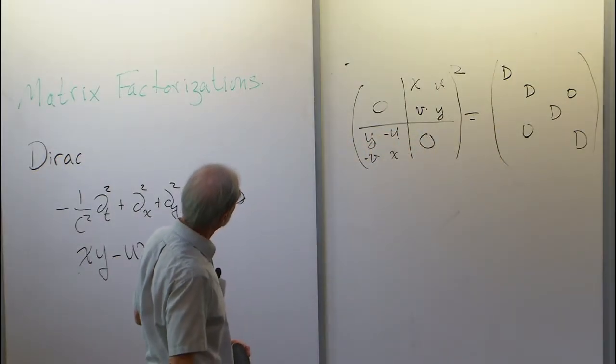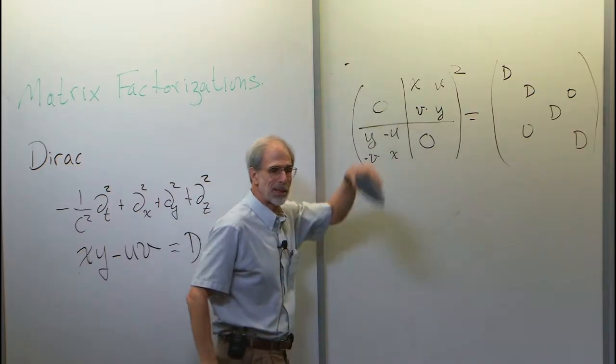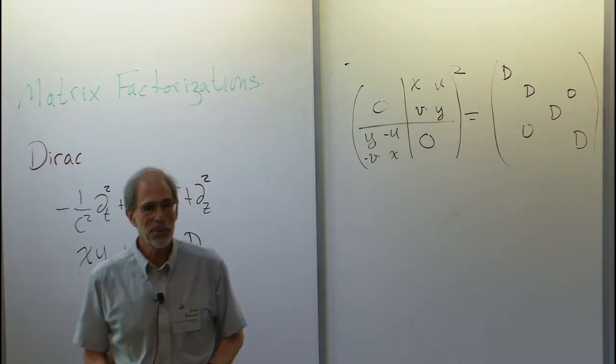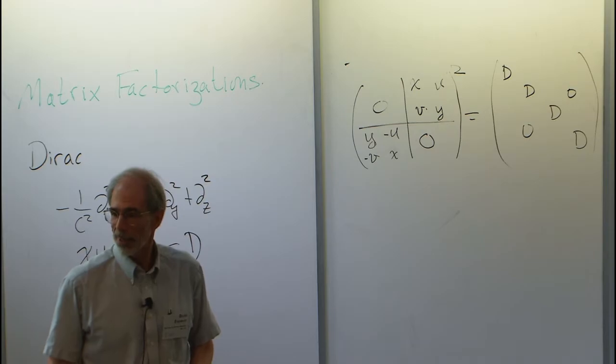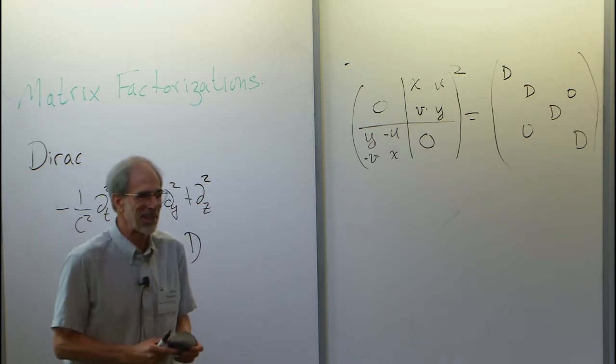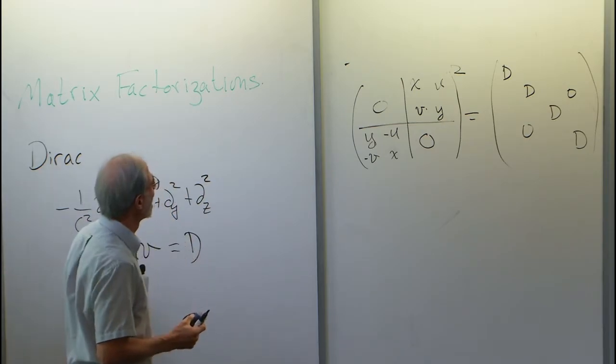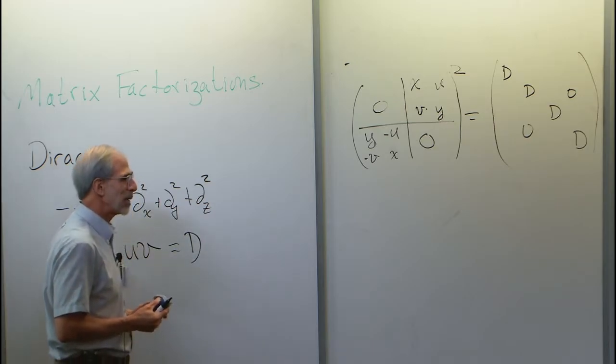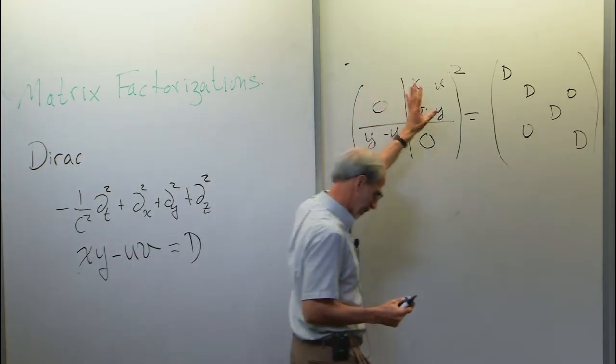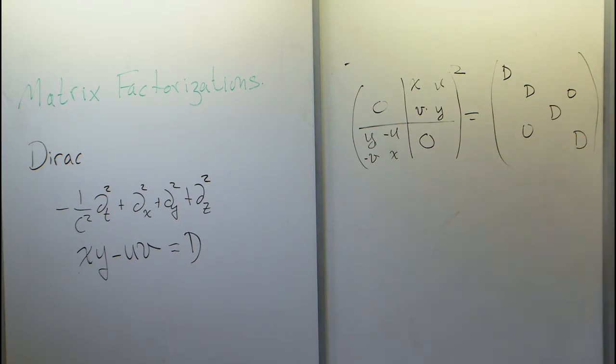So that was good enough for what he wanted to do, and he observed then you could take the square root of this irreducible polynomial, somewhat unreasonably, as a matrix. So that's the first matrix factorization that I know of in the literature.